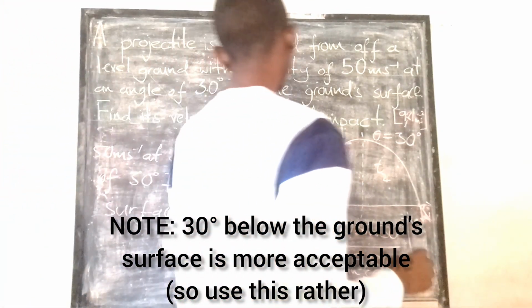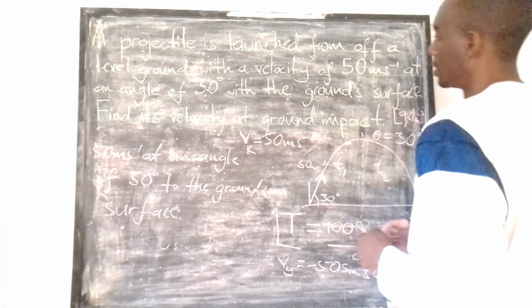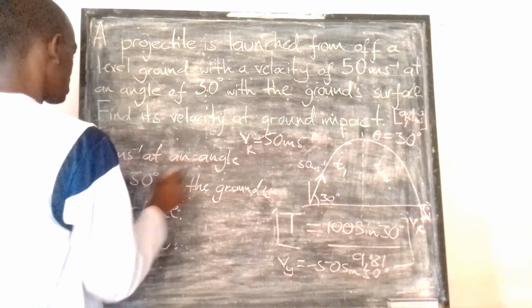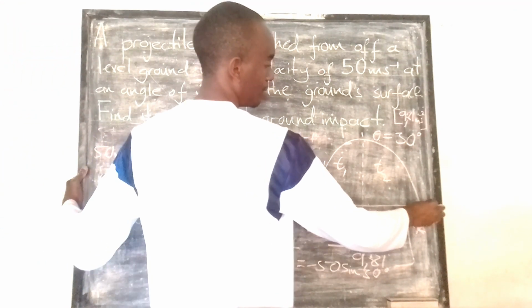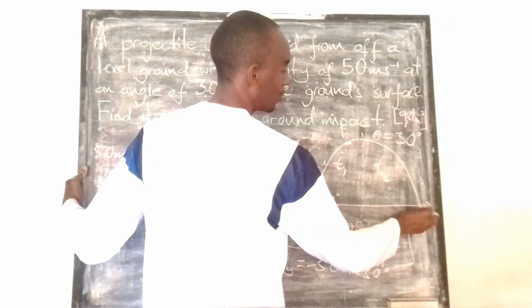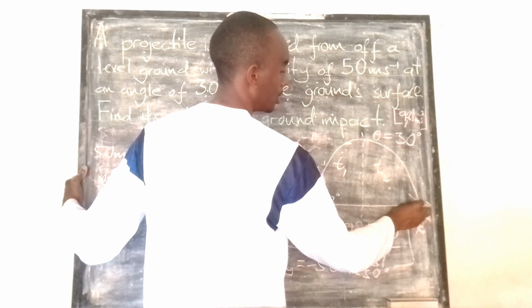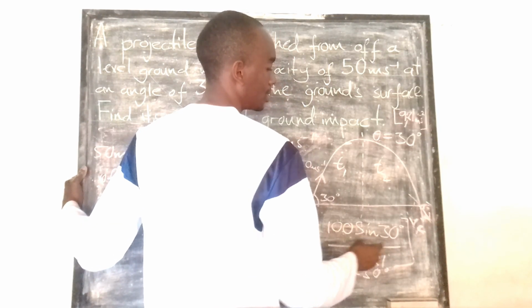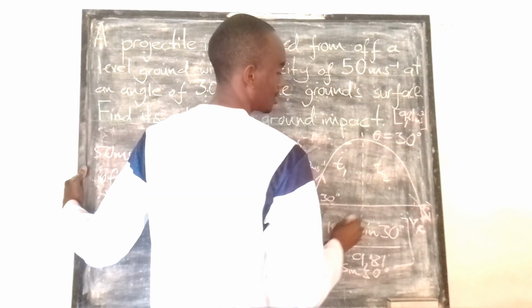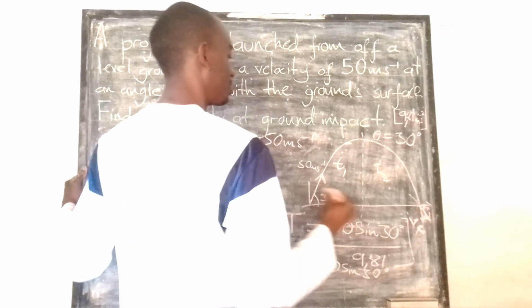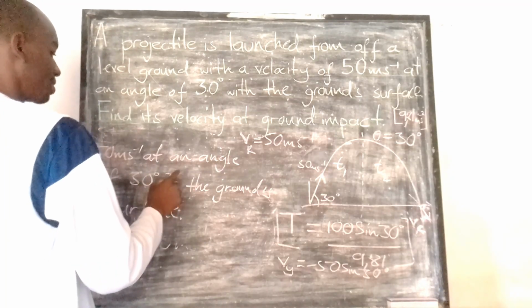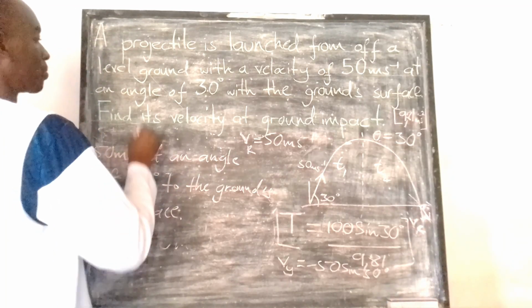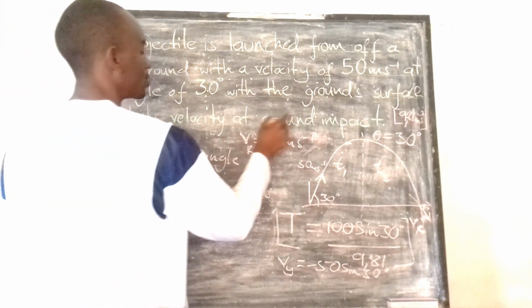So this is the velocity at ground impact. So it's 50 meters per second at an angle of 30 degrees to the ground surface. The ground surface being this. So if we were considering this angle over here, it will still be 30 degrees. But in this case, we're considering this angle. So 50 meters per second at an angle of 30 degrees to the ground surface. That is the velocity at ground impact.